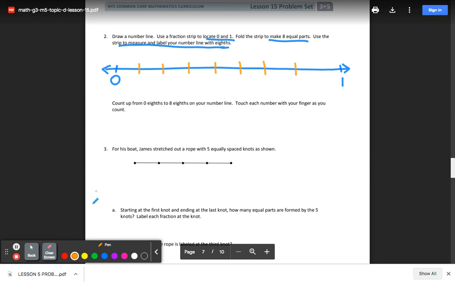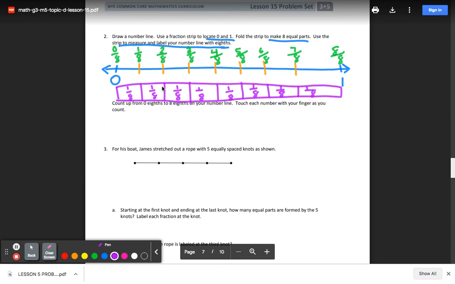So here we have 0 over 8, 1/8, 2/8, 3/8, 4/8, 5/8, 6/8, 7/8, and then 8/8. Now you can see here that I have a fraction strip that the lines kind of match up to my number line. If it was measured out equally, then it would all be the same thing, okay?